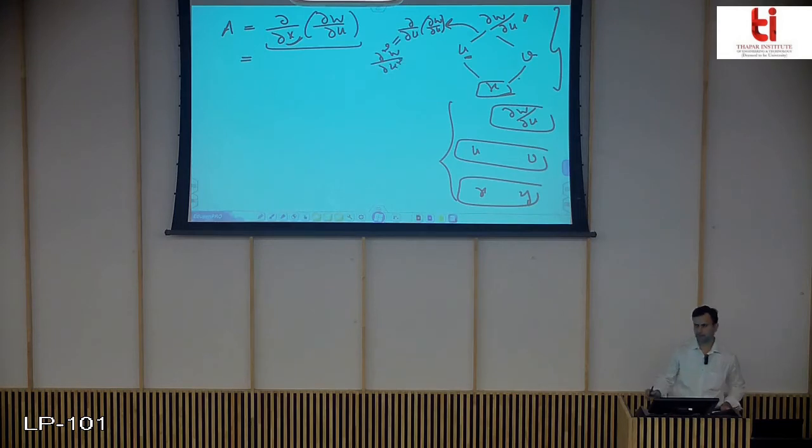You can write any of these two. Then the derivative of u with respect to x, so this is del u by del x. Now this is your branch 1, and this is branch 2. So this gives me del square w by del u square into del u by del x.